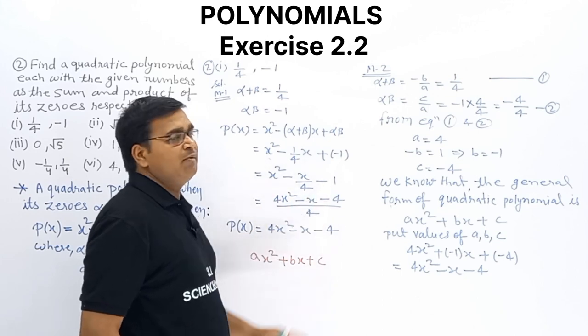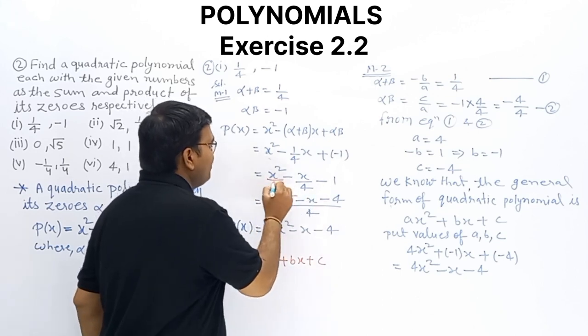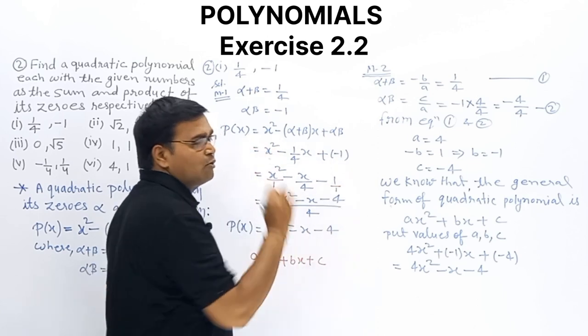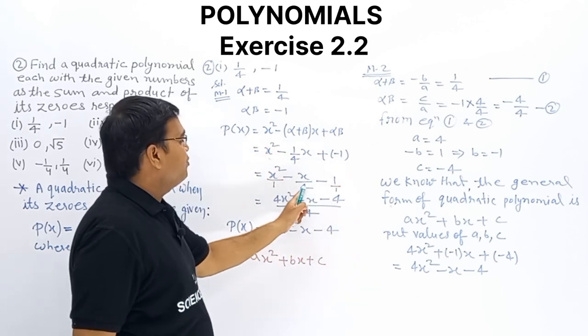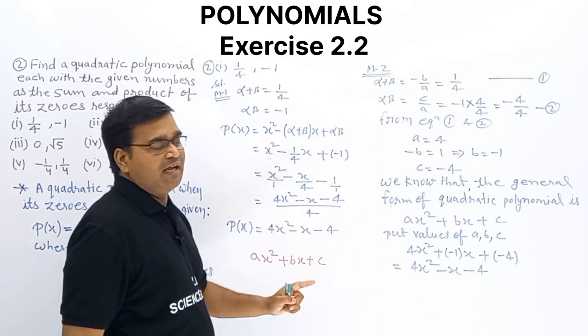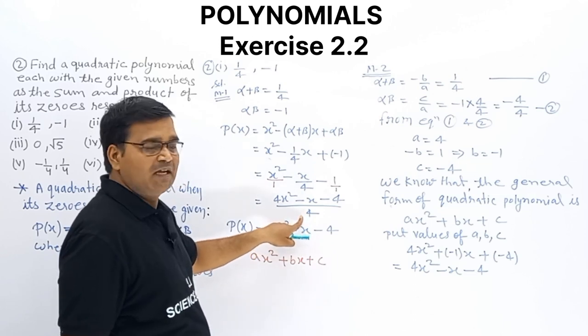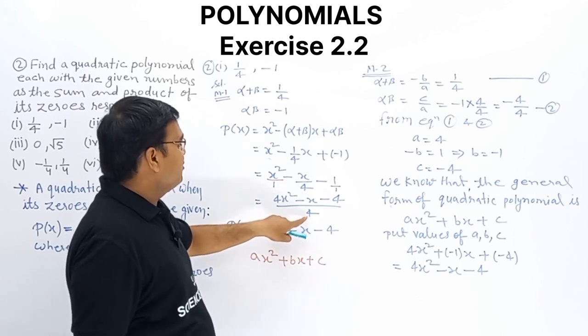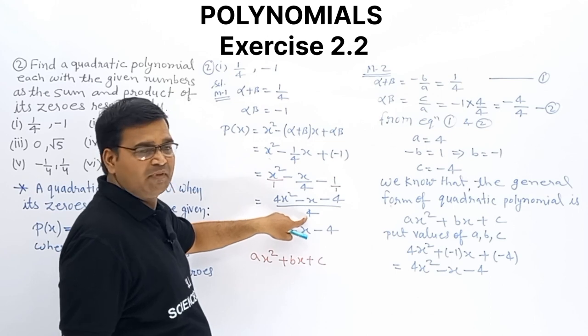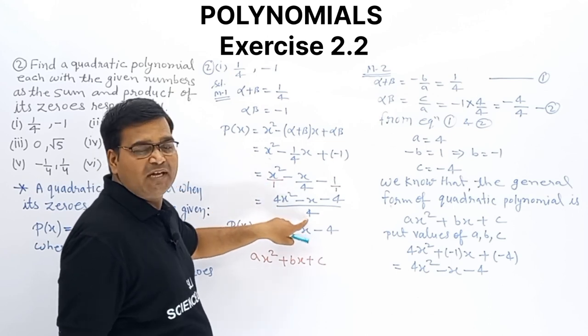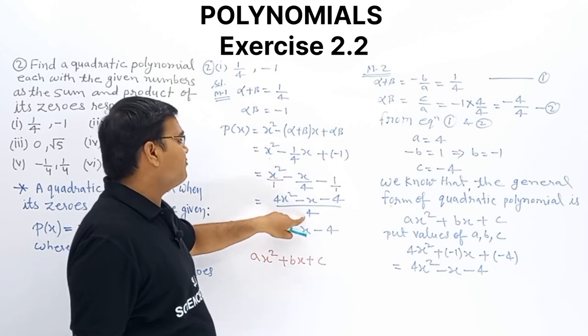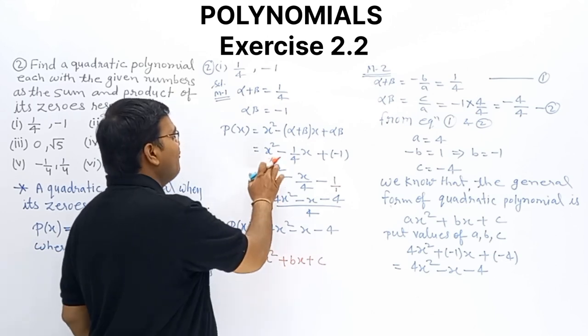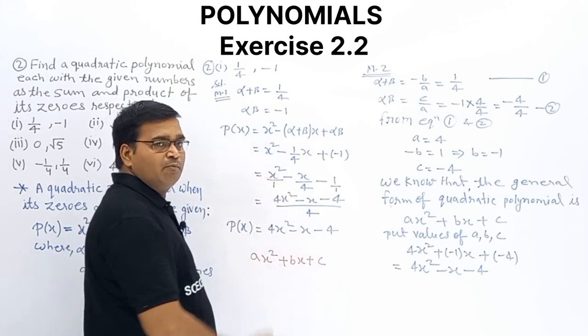Now we will take the LCM. The denominators are 1, 1, 4 and 1, so the LCM will be 4. Now divide 4 by 1, how many times does it go? 4 times. The result is multiplied by the numerator, so we put 4x square there.